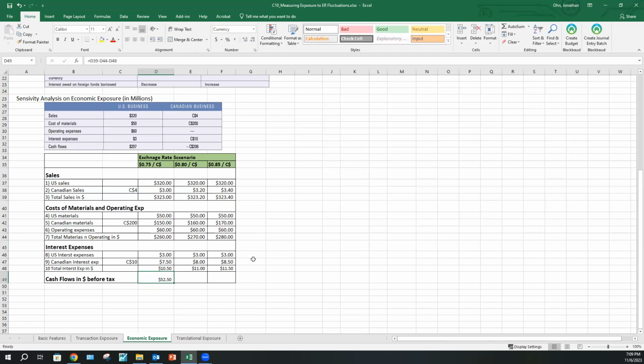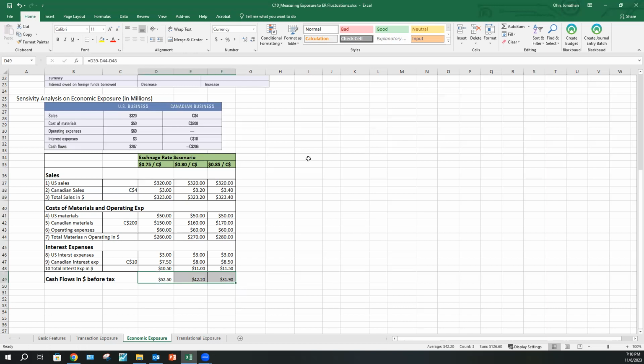That is $52.50 million in the first case. Let's copy that. Same thing, right? In the second case, this sales revenue minus the cost of materials and operating expenses and interest expenses, we have $42.2 million. And in the third case, the operating cash flow is $31.9 million.